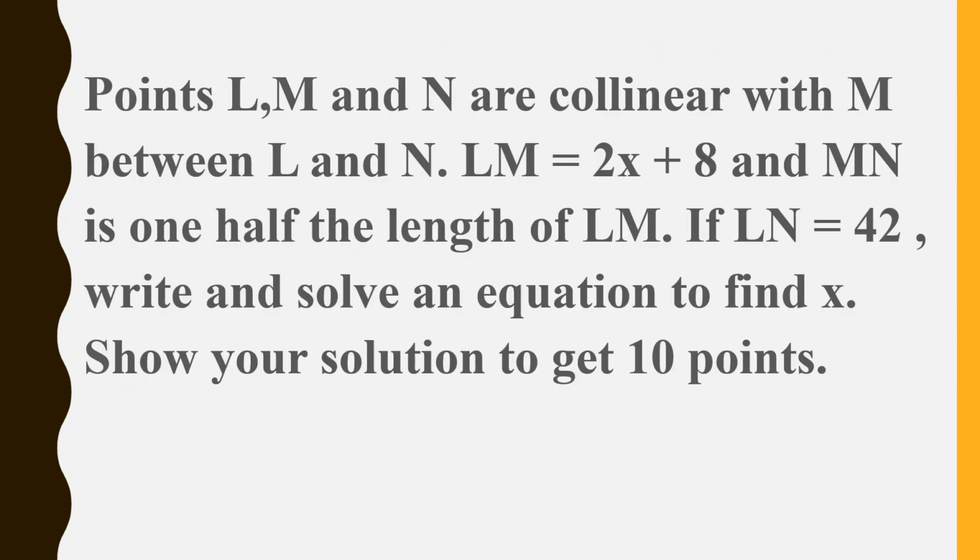Now, L, M, and N are collinear with M between L and N. If LM is 2x plus 8 and LM is 1/2 of the length of LN, if LN is 42, write and solve the equation and find x and show your solution to get each point. So you have to make an equation.